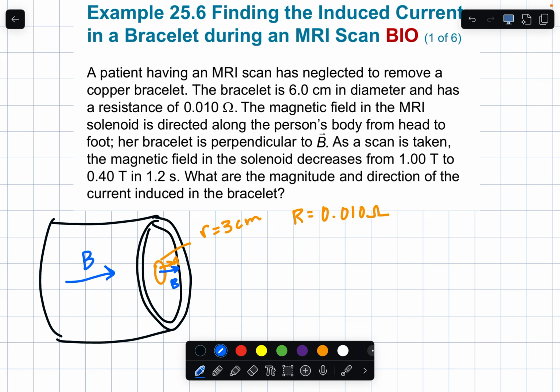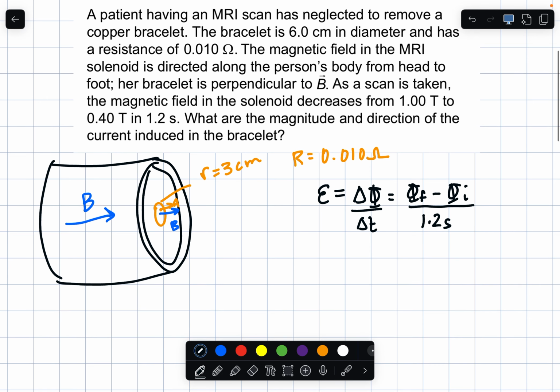So our induced EMF is created by the change in flux with respect to time. The time change we saw was 1.2 seconds. The change in flux is going to be flux final minus flux initial. So let's calculate flux final. It's B A cosine of 0. B final is 0.4 Tesla.